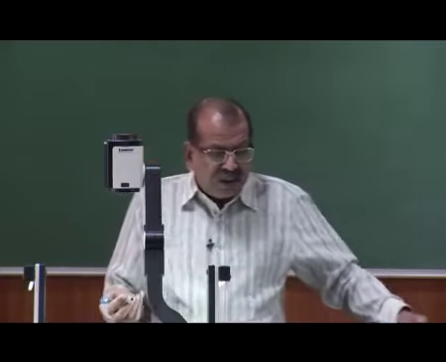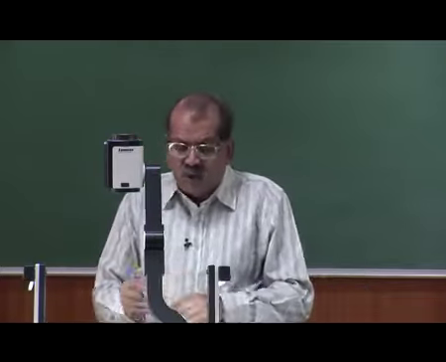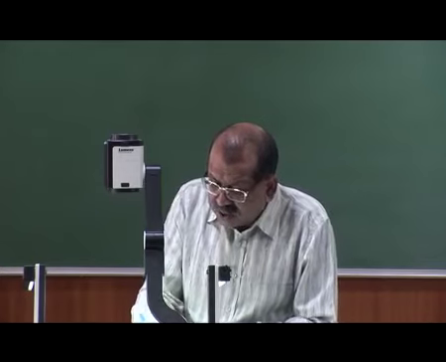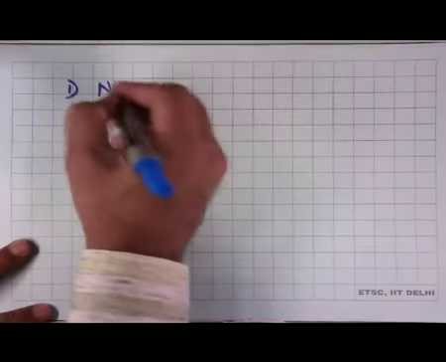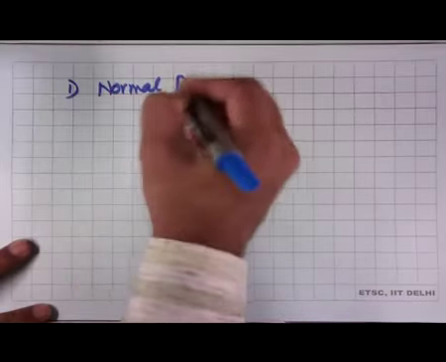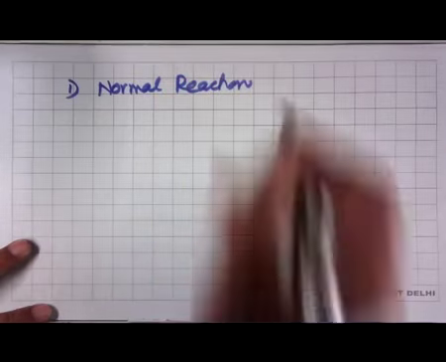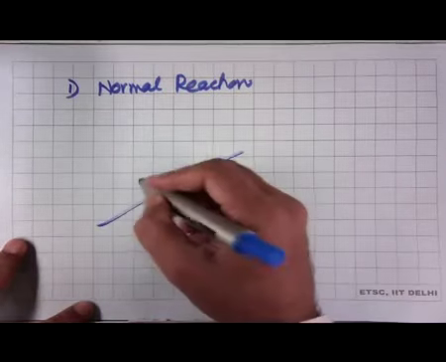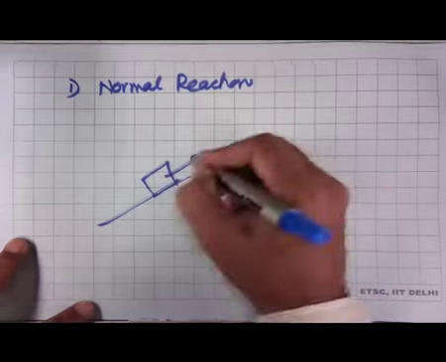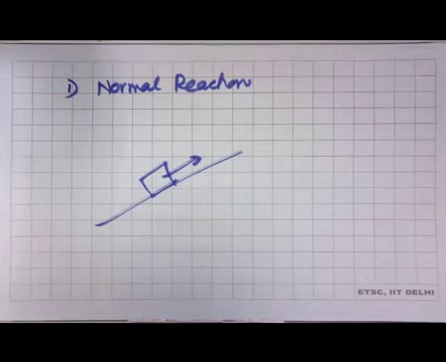Now, some examples of forces which do not do work. We have seen, typically when we talk of normal reaction, a block which is sliding up a plane or sliding down a plane.